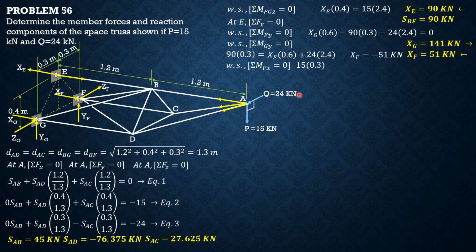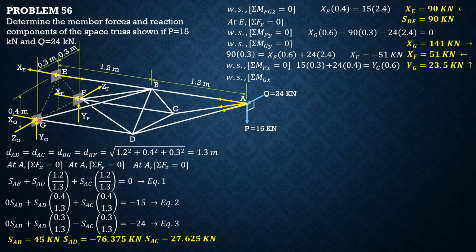So 15 times 0.3, because this is the plane of 15, so 0.3 is its distance from this axis here, plus 24 times 0.4. The x-axis is below, so 0.4. Then equals YG times 0.6. So YG is upward, 23.5 kilonewtons upward.